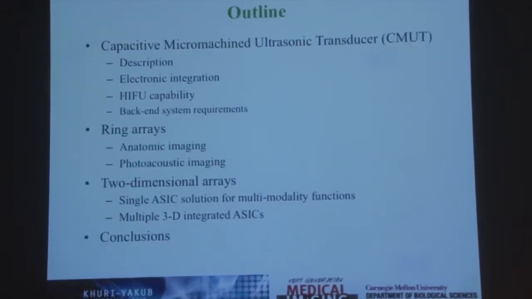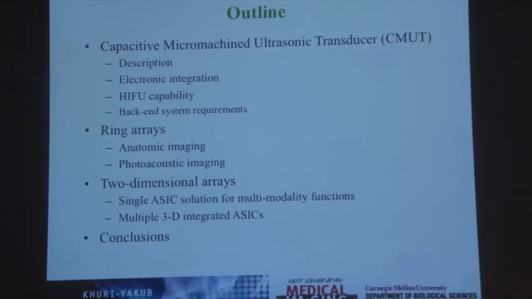Okay, so what I'd like to start with is the outline of the presentation. I want to give a short description of the CMOTs, what they are and what their advantages are, and then talk a little bit about the electronic integration, which is inherent in their ability to be used for integrated imagers, and of course integrated neurostimulators or integrated HIFU devices where you can shrink the size down to something that you can imagine even implanting.